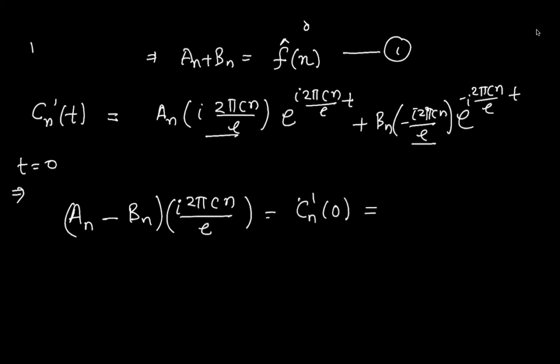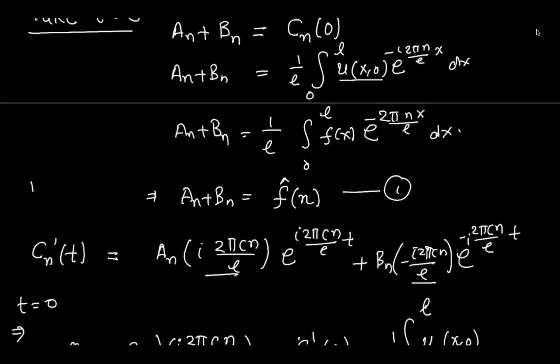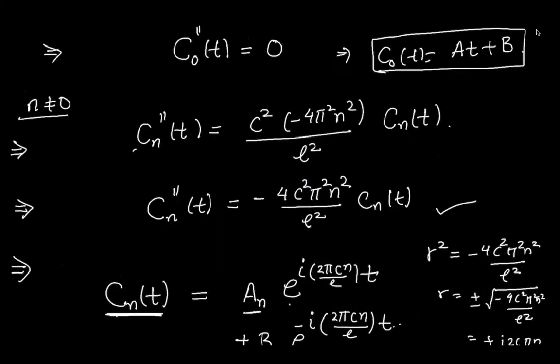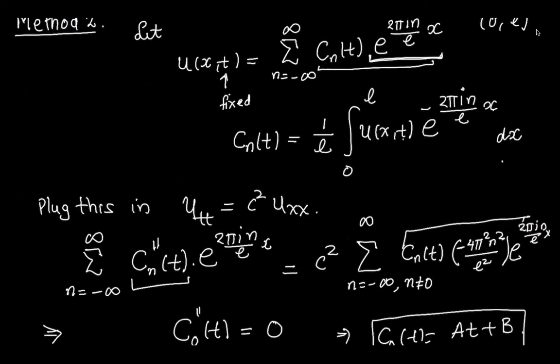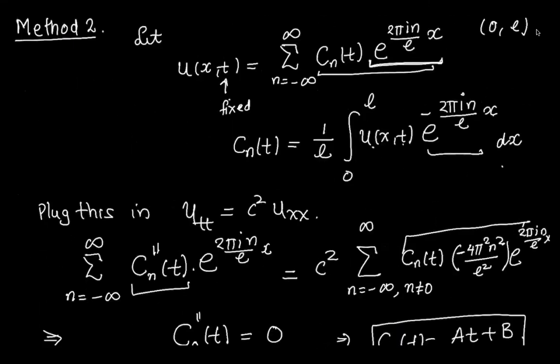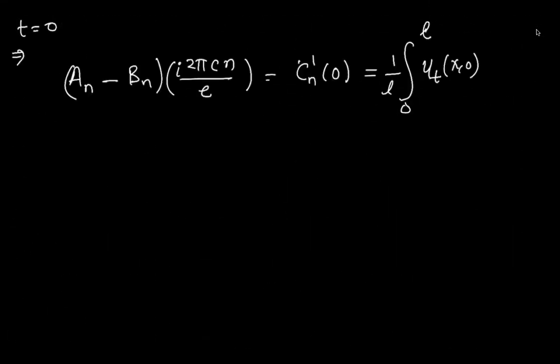It's basically 1 over L, integral from 0 to L, u(x, 0), because if you take the derivative with respect to t, only the derivative hits here, because there is no t in this portion of the function under the integral sign.